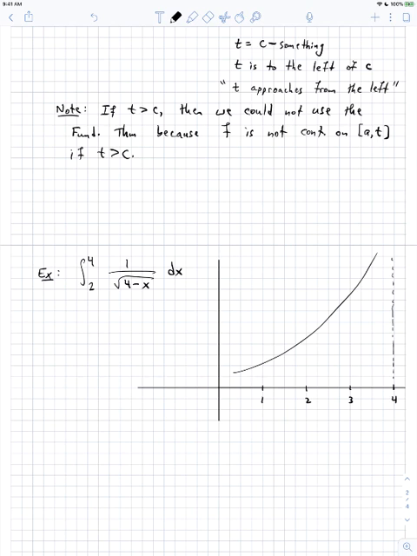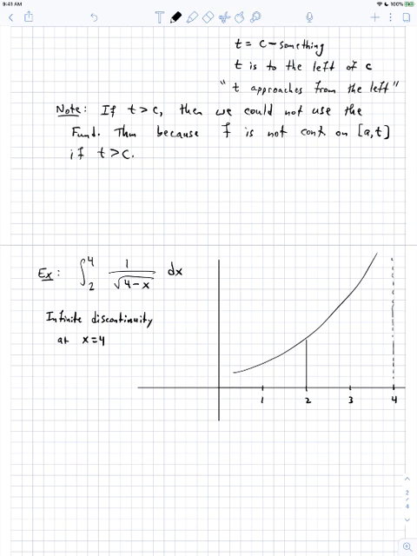So we want to integrate from 2 to 4. So let's draw a line right here. We have an infinite discontinuity at x equals 4.